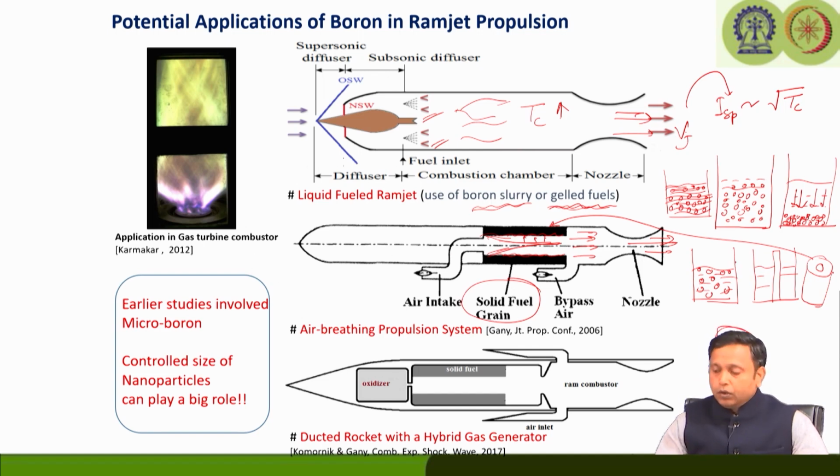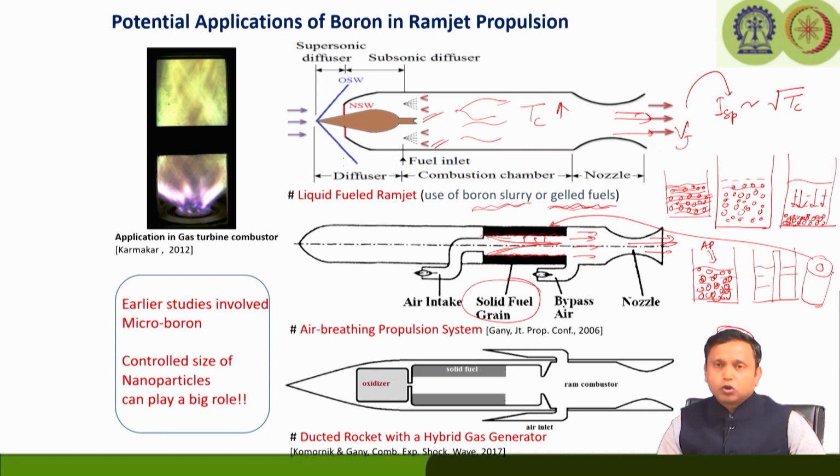We can add ammonium perchlorate into this matrix as well, and we can make the solid propellant. Now, how it burns, whether it is going to burn fully or not, will of course depend, because the major issue with boron particle combustion is that it is not fully burned, and in a limited residence time its full energetic potential has not been utilized to date.